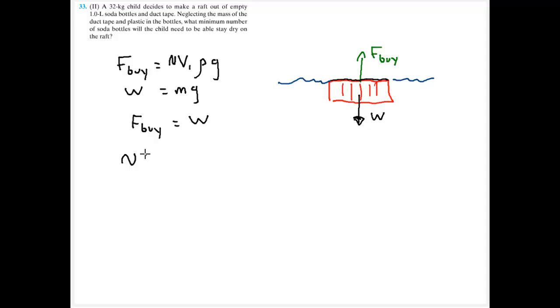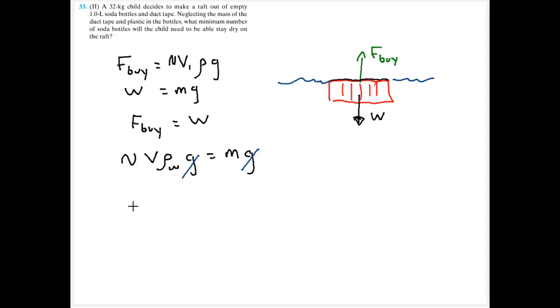So the volume of one 1 liter canister multiplied by the density of water, that's what it's submerged into, multiplied by gravity, must be equal to the mass of the child multiplied by gravity.